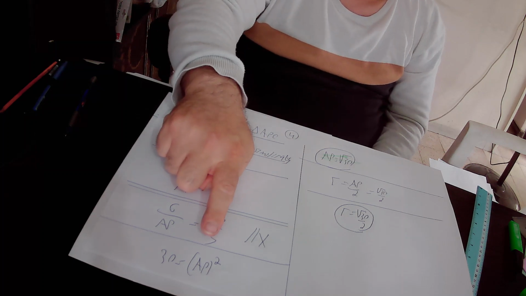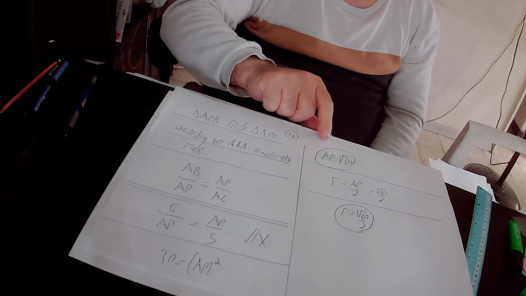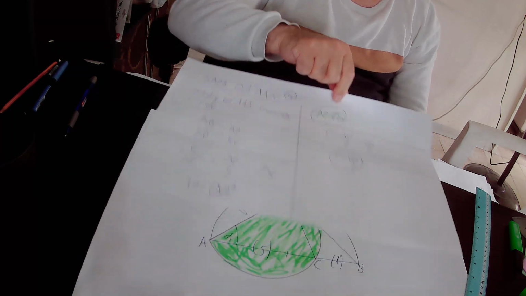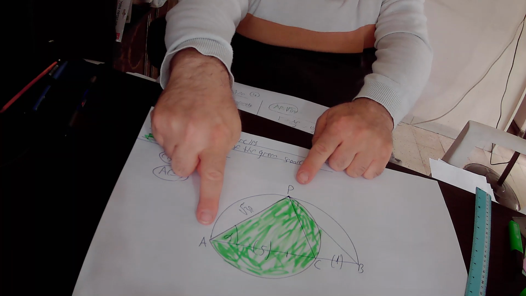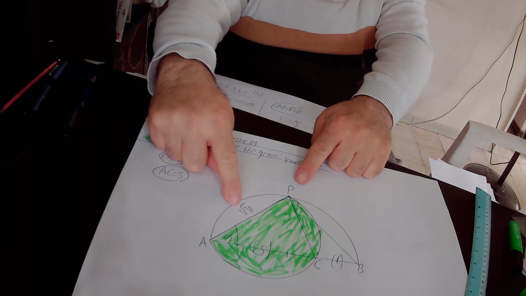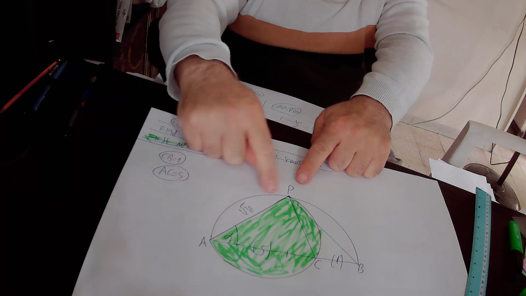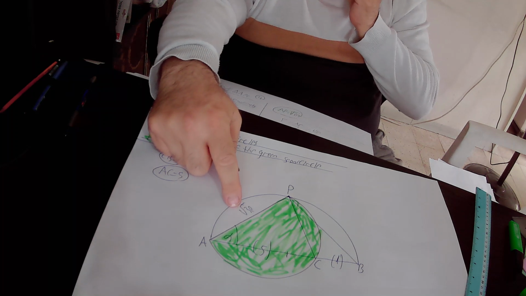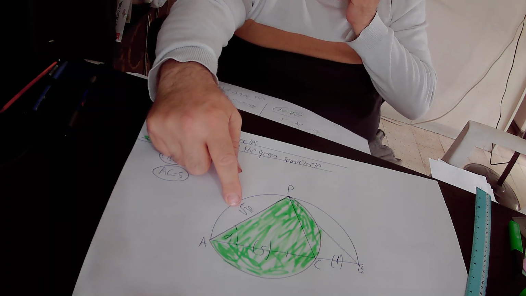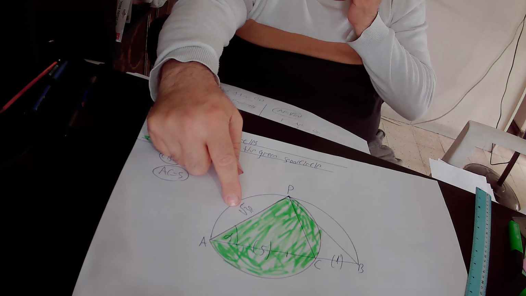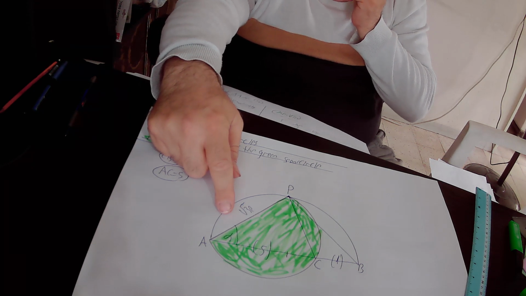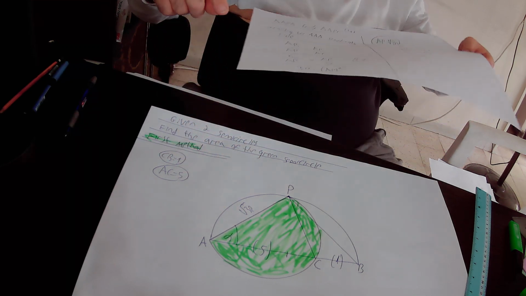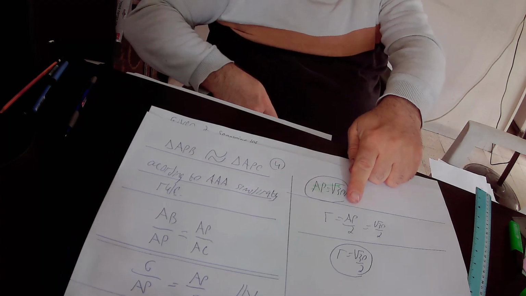So 30 equals AP squared. We take the root of this equation and find that the missing side AP equals the square root of 30 units in length. AP is the diameter of this green semicircle, so the radius R of this green semicircle equals the diameter AP over 2.